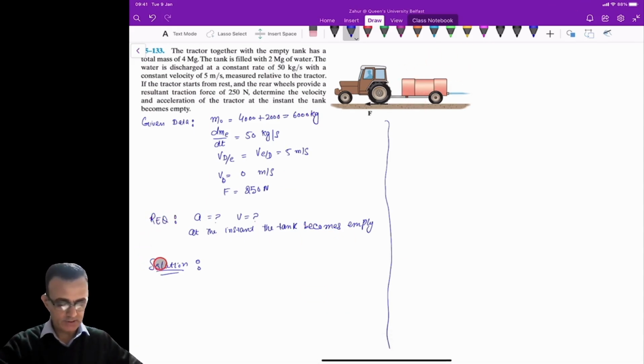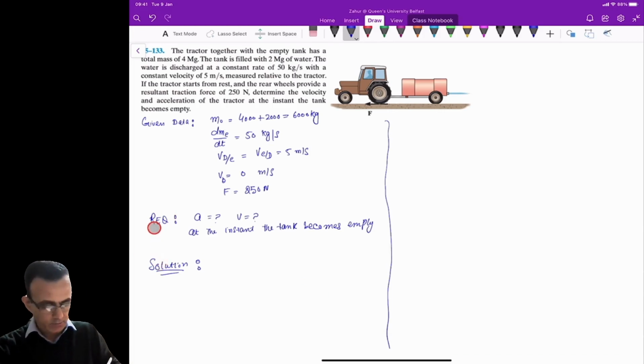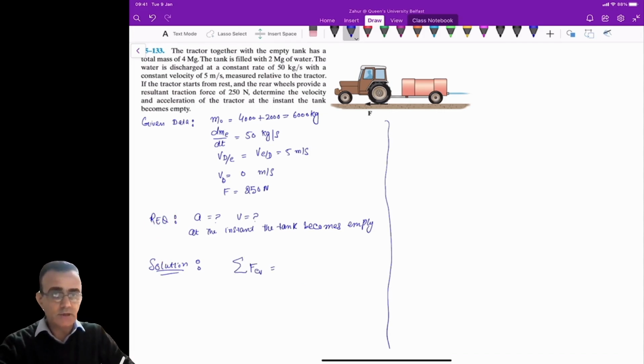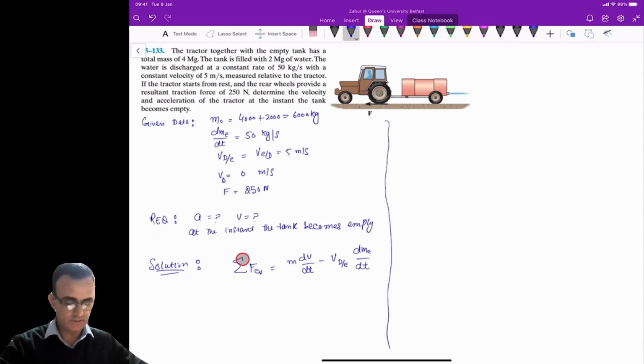So in this case, we will obviously apply the equation that we derived in the theory part. The summation of all the forces on the control volume is equal to m dv by dt minus v dE and dme divided by dt. So this is the equation that we derived previously.